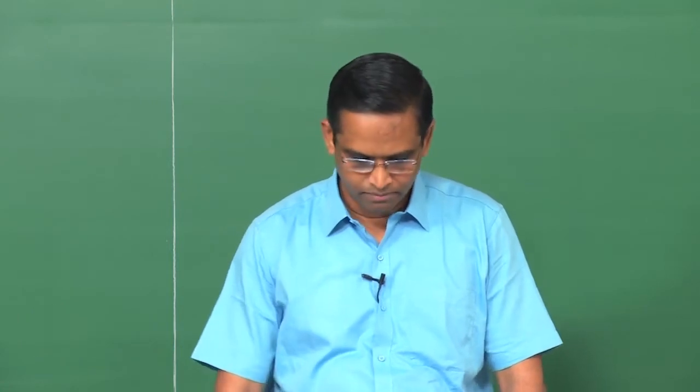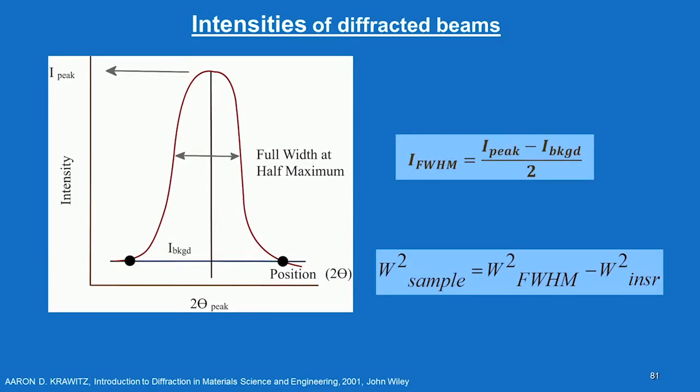So, look at this slide. This is a typical X-ray diffraction peak where you have a peak intensity as well as the integrated intensity, which is the area under the peak, and then typically we always measure the full width at half maximum. Then this is the background, I background, which you have to subtract, and the intensity at half maximum is equal to I peak minus I background divided by 2.